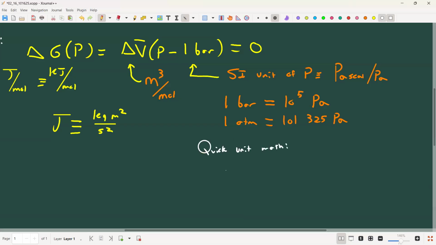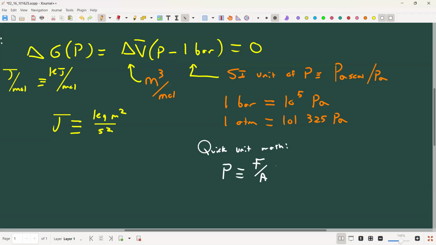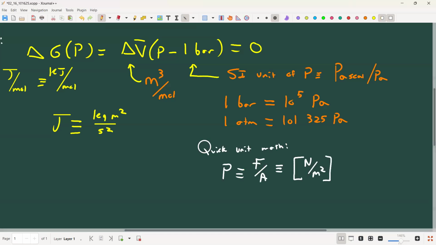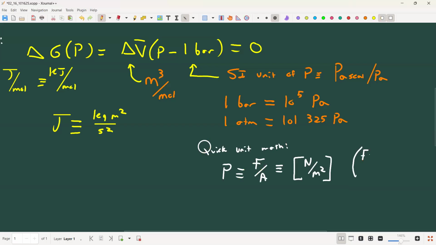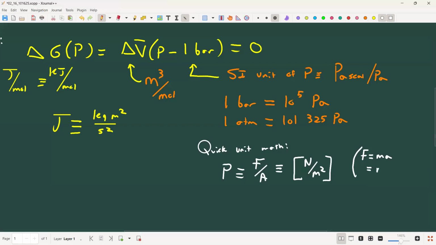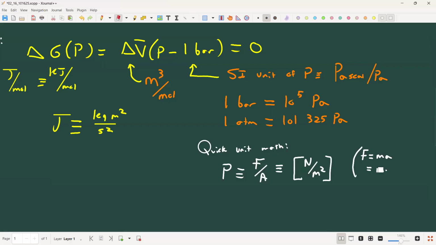A Pascal is defined, pressure is defined as force over surface area, which has units of newtons per meter squared, right? Force is newtons. Now, what the hell is a newton? Well, remember F is equal to ma, that's Newton's laws. And so the unit of mass is kilogram.